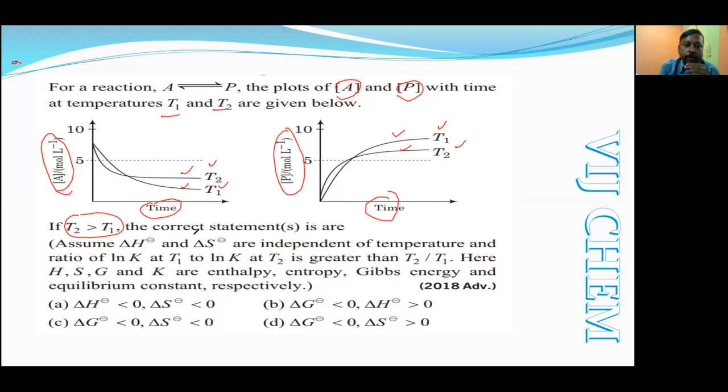Assume that delta H naught and delta S naught are independent of temperature, and the ratio of ln K at T1 and ln K at T2 is greater than T2 by T1. Here H represents enthalpy, S represents entropy, G represents free energy change. Then you have to find the relation between delta H and delta S.